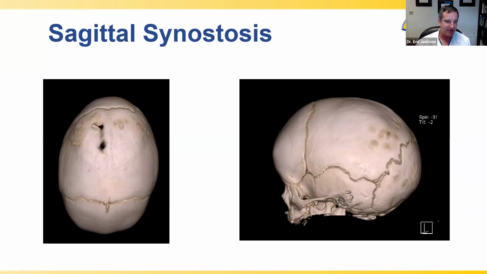And I think the top view is actually better for this, but you can see a long, narrow head. You can see what the sutures look like. Now, this child was a little bit older, so the metopic suture is closed normally, which we'll get into, but we can see the coronals and the lambdoids, but nothing where the sagittal is. As I alluded to, we do see a little triangle pointing forward, which also fits with sagittal synostosis.